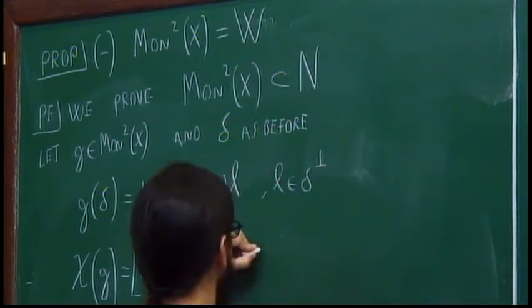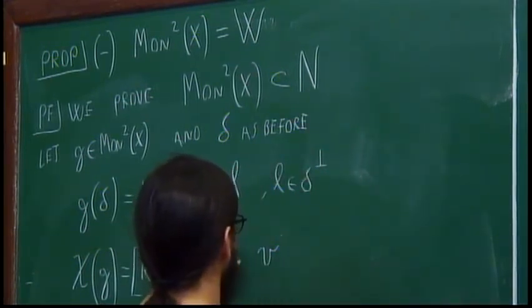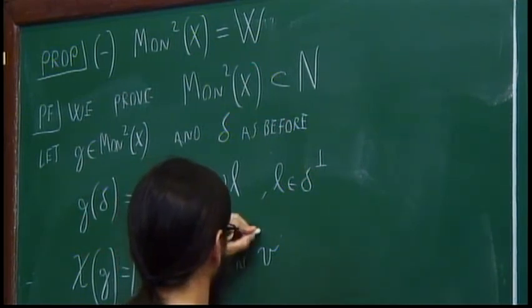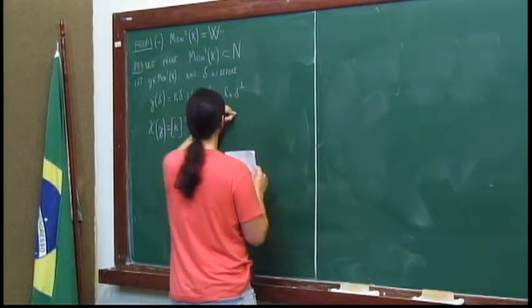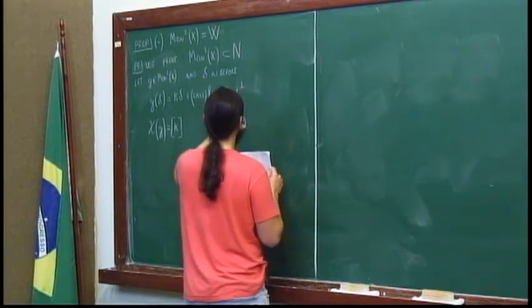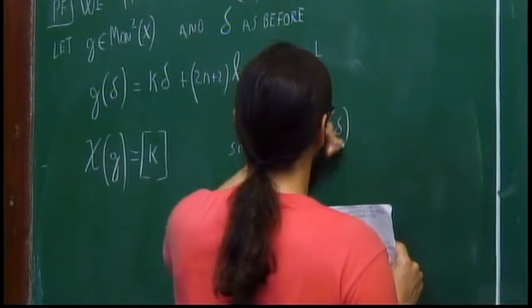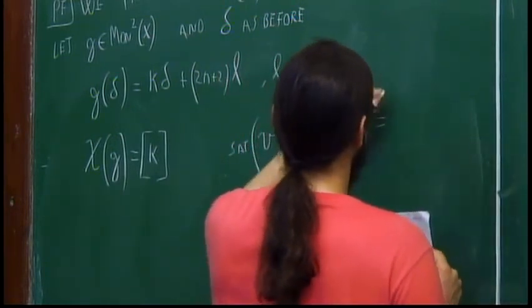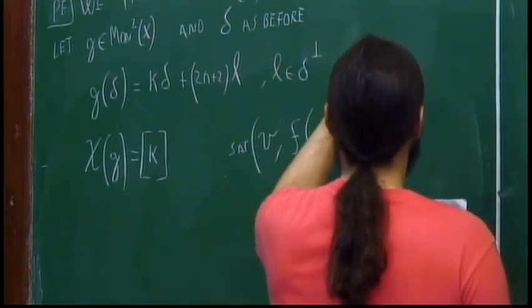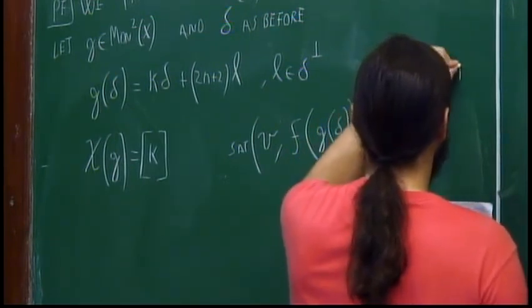Also, we have that V, the saturation of V, and I called it F, right? Yes. F of g of delta is the same lattice.